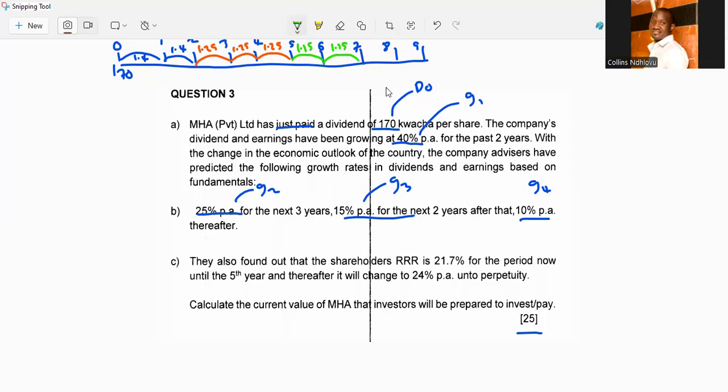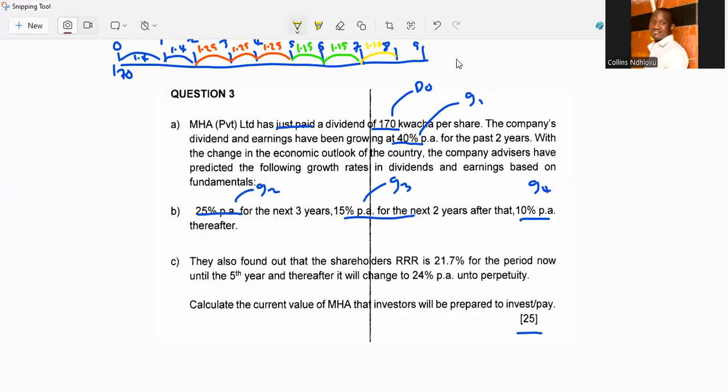Then thereafter, from this point going on, this will be our last growth rate of 10%. So from here to here, it will go at what growth rate? 10%. From here to here, it will be 1.10.